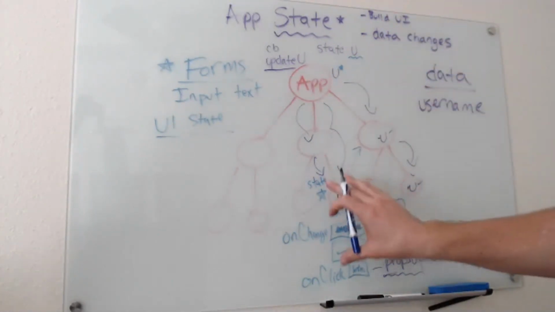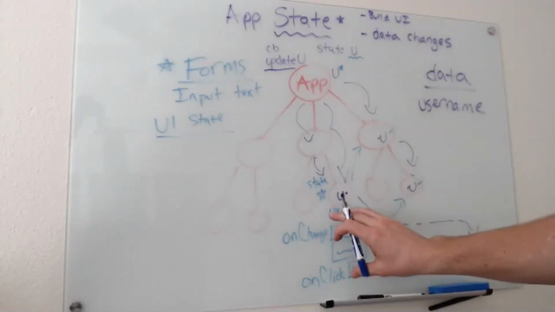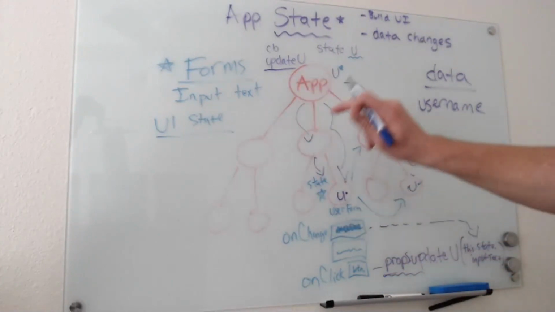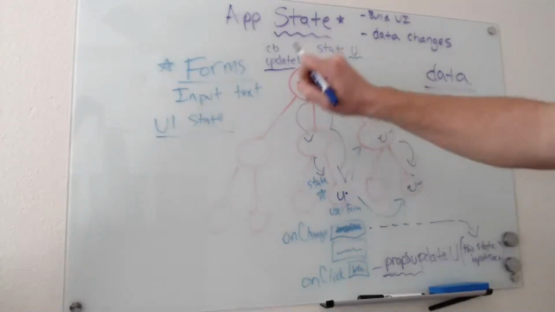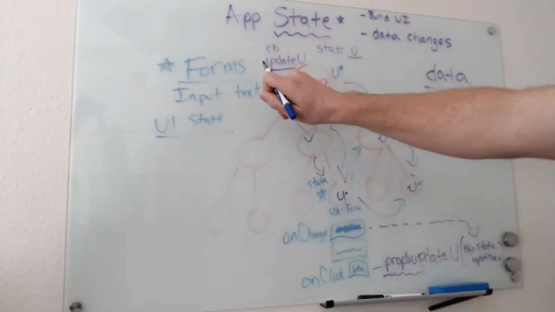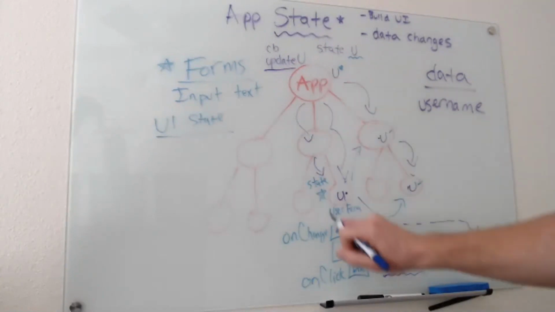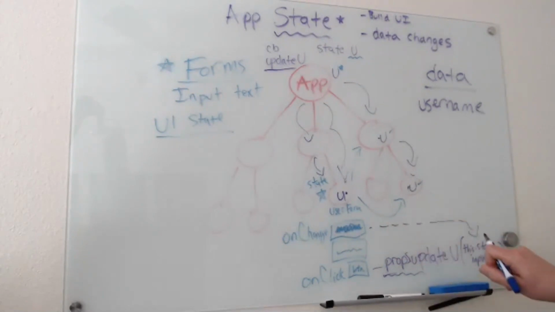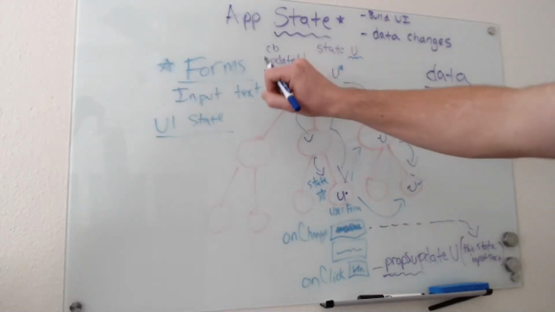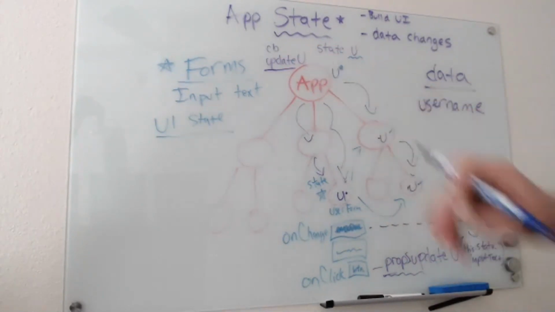And if you've got a form in a lower component, then that means your main state management component needs to have a callback function that you can pass down to that form so that you can get that input text back up to your state manager.